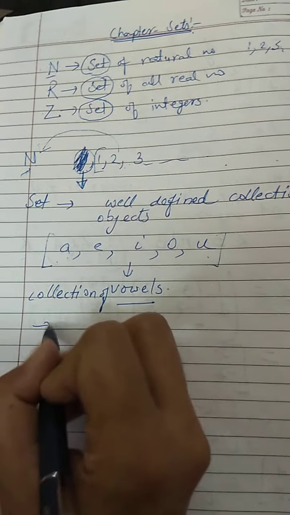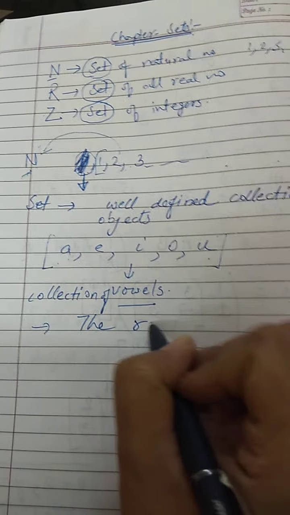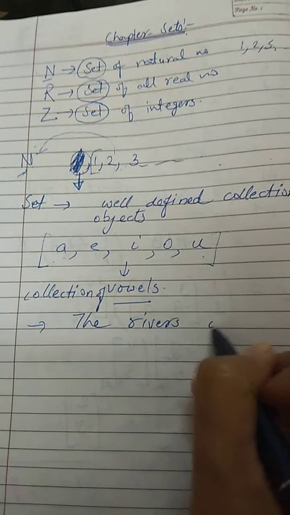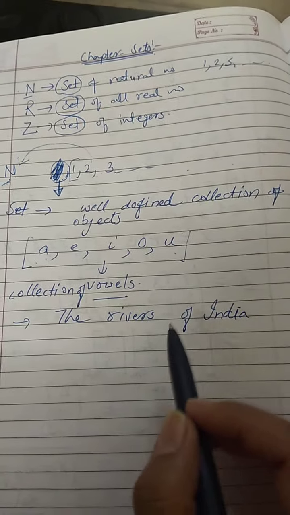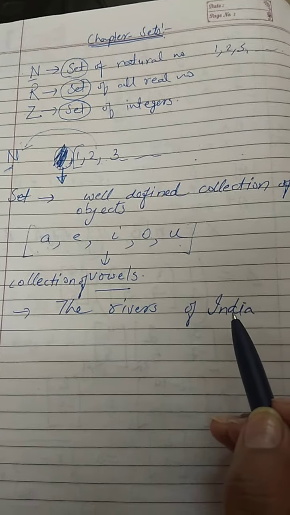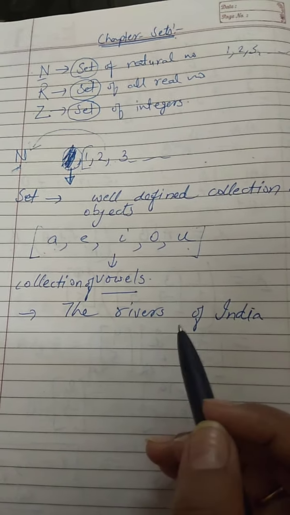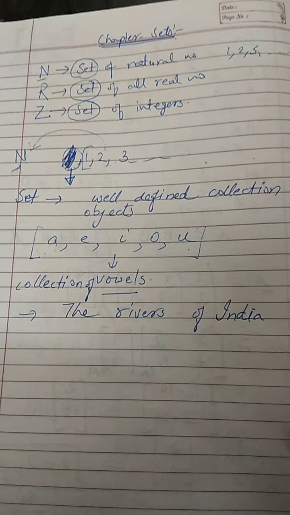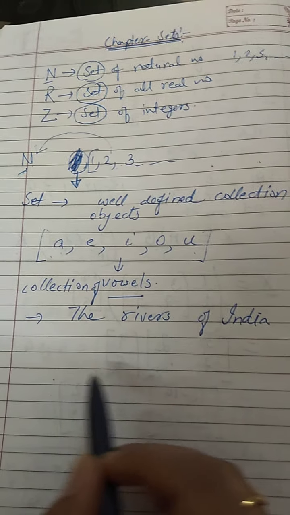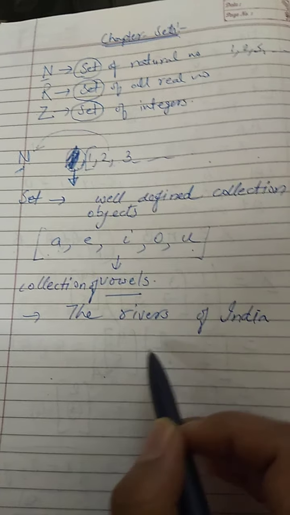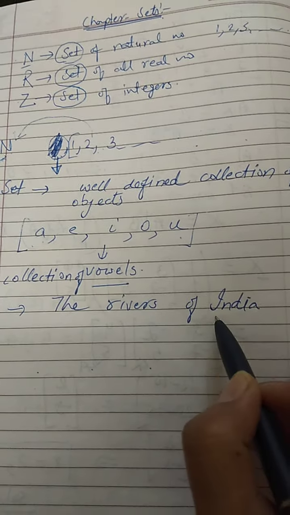Let me take one more example. The rivers of India. When I write down the names of the rivers of India, Ganga, Yamuna, Saraswati, Beas and others, so many are there, when I list them, and when I look at each and every name of the river, each and every river belongs to only one country.